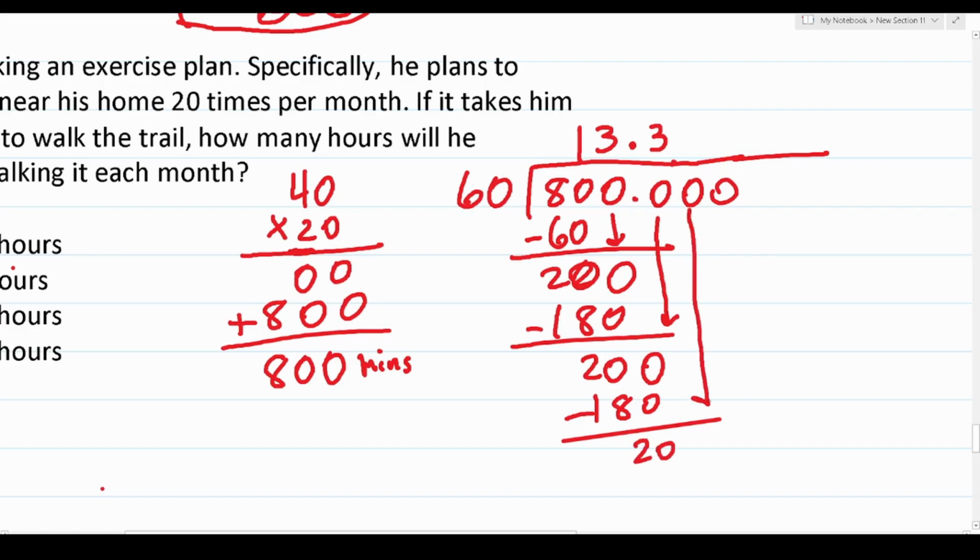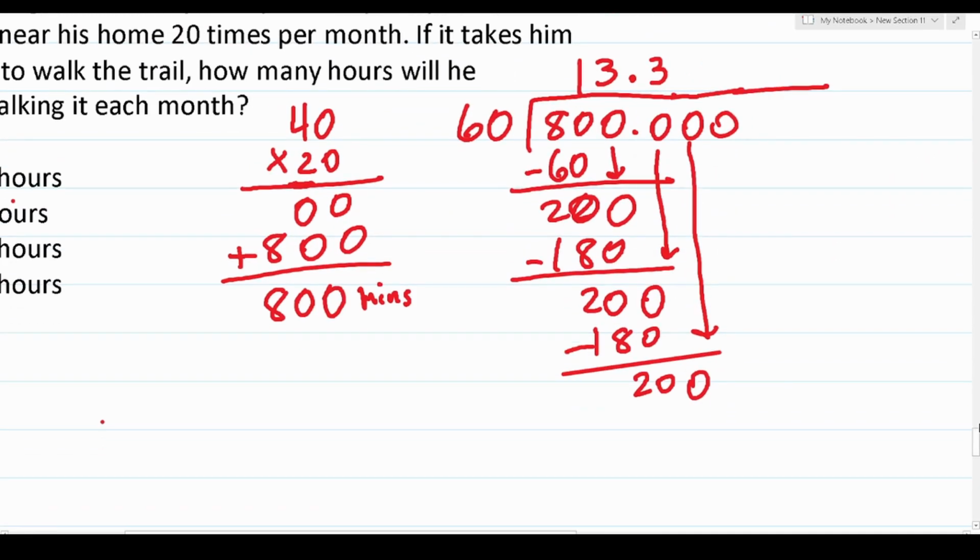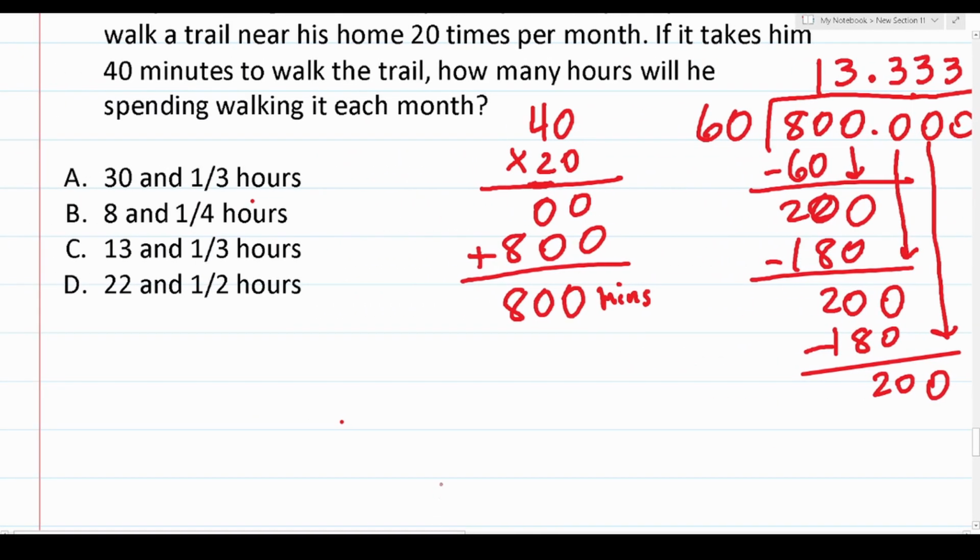Drop down another 0. And as we can see, this is going to repeat infinitely. This is going to be 13.33333. And we should know that 0.333 is the same as 1/3. So this is 13 1/3 hours, which is answer choice C.